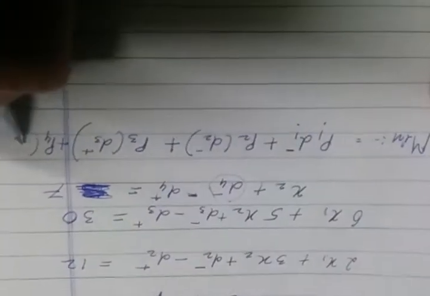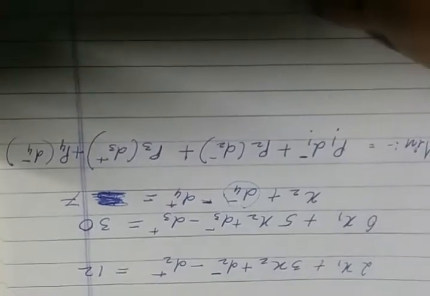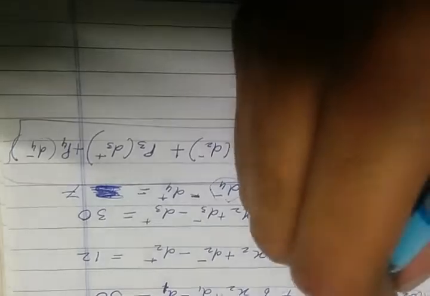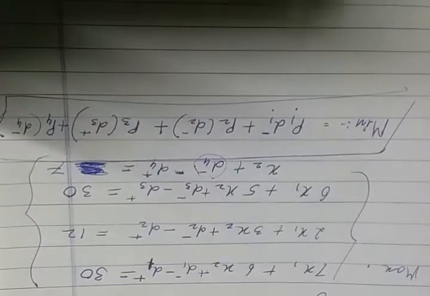In the fourth goal, produce at least 7 ceiling fans. More can be done, but not less. So there should be no underachievement. So here it will be d4 minus. This is how you prepare the new objective function, and these will be your constraints.